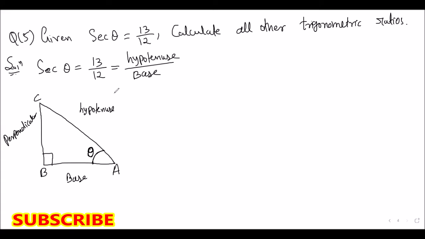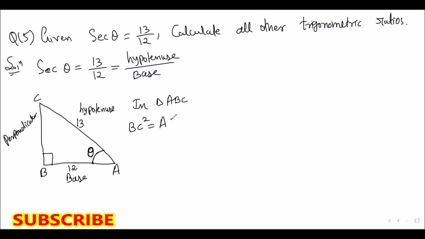So now the hypotenuse value is 13, and the base value is 12. Now how do we find BC? Pythagoras theorem. Tell me, what formula should I write? BC square is equal to AC square minus AB square.